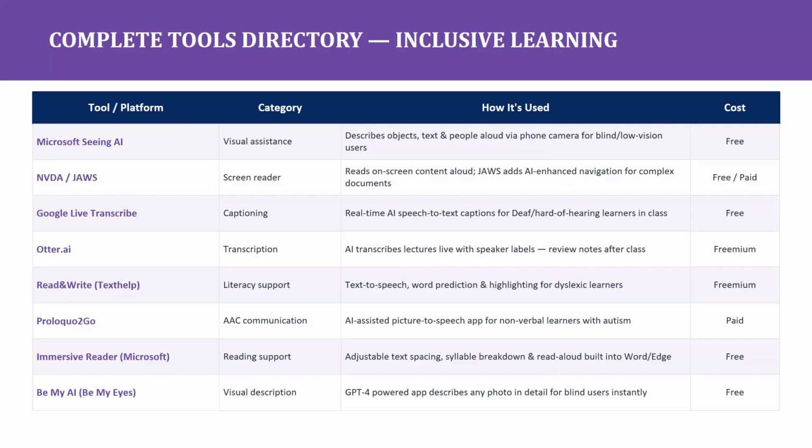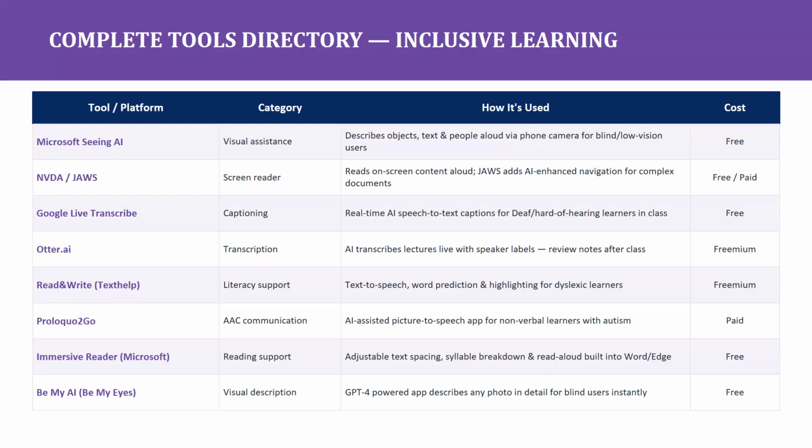Then we have the Proloquo2Go AI tool, which is used for augmentative communication. Then we have AI-assisted pictures to speech for nonverbal learners with autism. Then we have the Immersive Reader that is developed by Microsoft.